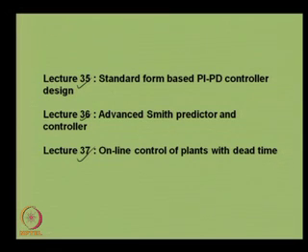Standard form based controller design will be made use of while designing the controllers of advanced Smith predictor controller. Standard forms based controller design techniques have not drawn the attention it deserves.